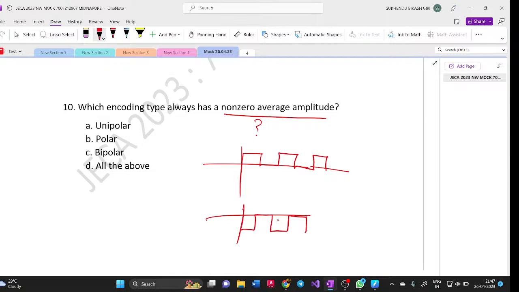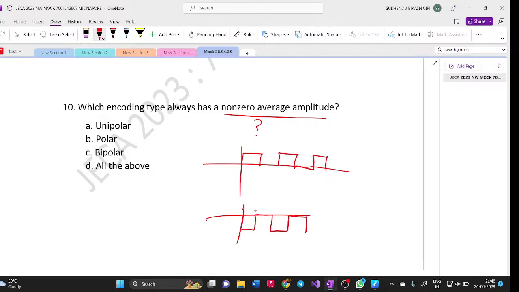In which encoding technique will this happen? Answer it very fast.